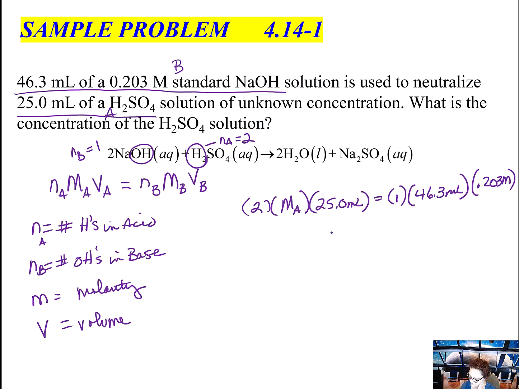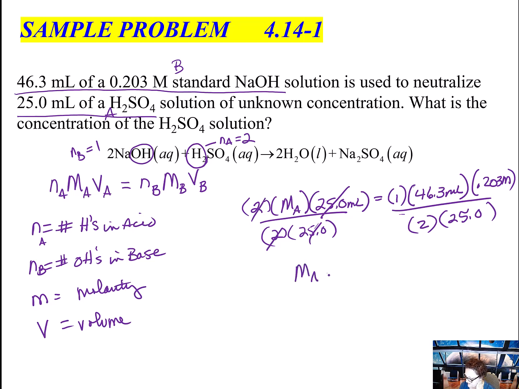And then I'm going to solve for M sub A by dividing both sides by 2 times 25.0. So M sub A, the molarity of the unknown acid, is going to be 1 times 46.3 times 0.203 divided by 2 times 25.